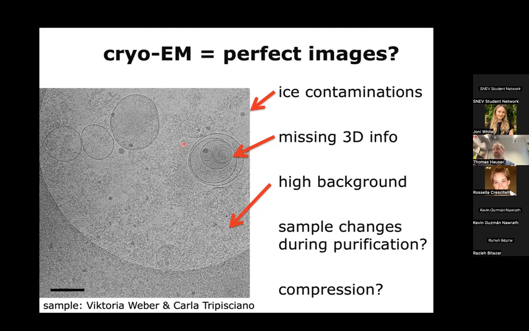These are ice surface contaminations. You have a cold sample, and there are several steps involved in transferring your sample from where you prepared it to the microscope where you want to image it. And a cold sample is like a magnet. So if there's any humidity in the outside air, it will condense and freeze on your grid. And you will see this here.